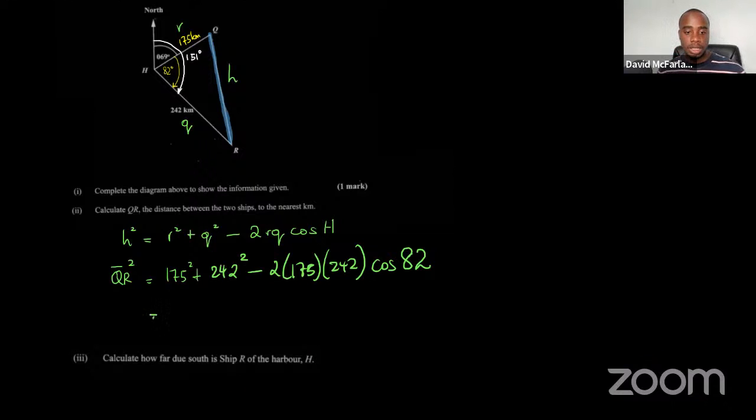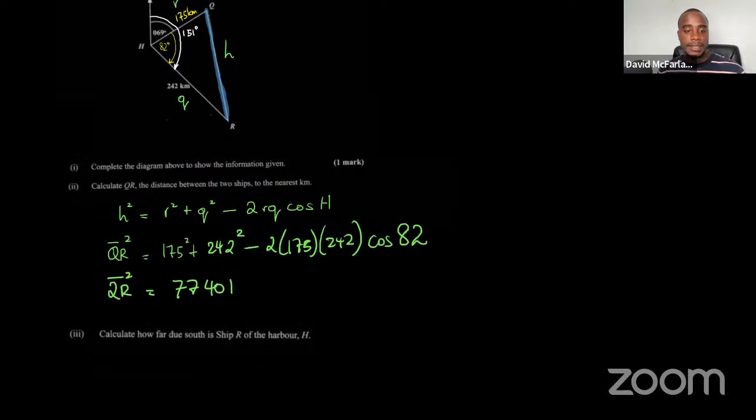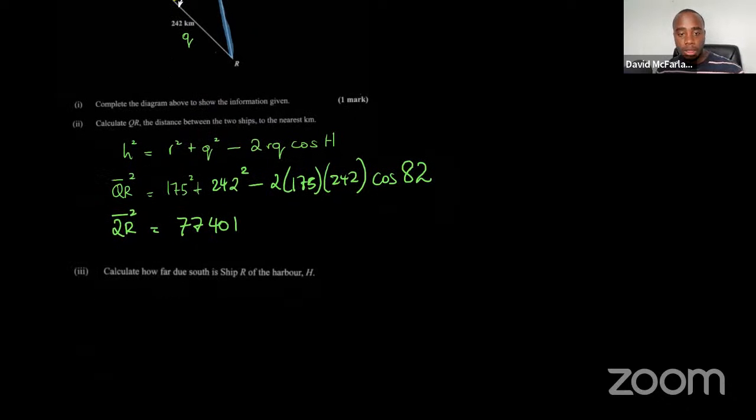So that's going to be 77,401. And who can tell me what QR is going to be, if that's the case? What is QR going to be equal to? I see some people saying 278 to the nearest kilometer, and I think I'm going to agree with that. Yeah, 278 kilometers.